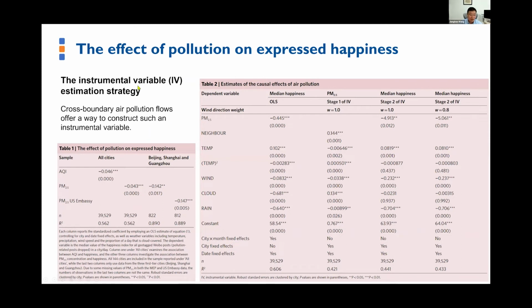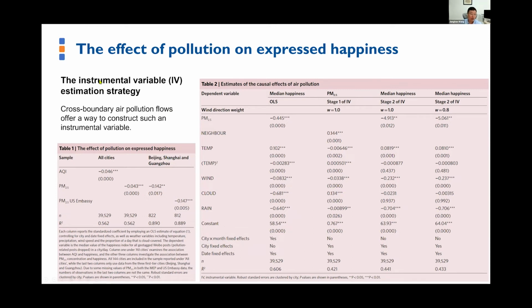But we all know that when we use ordinary least squares to estimate their relationship, air pollution has an endogeneity problem, so the OLS estimations may give a biased result.